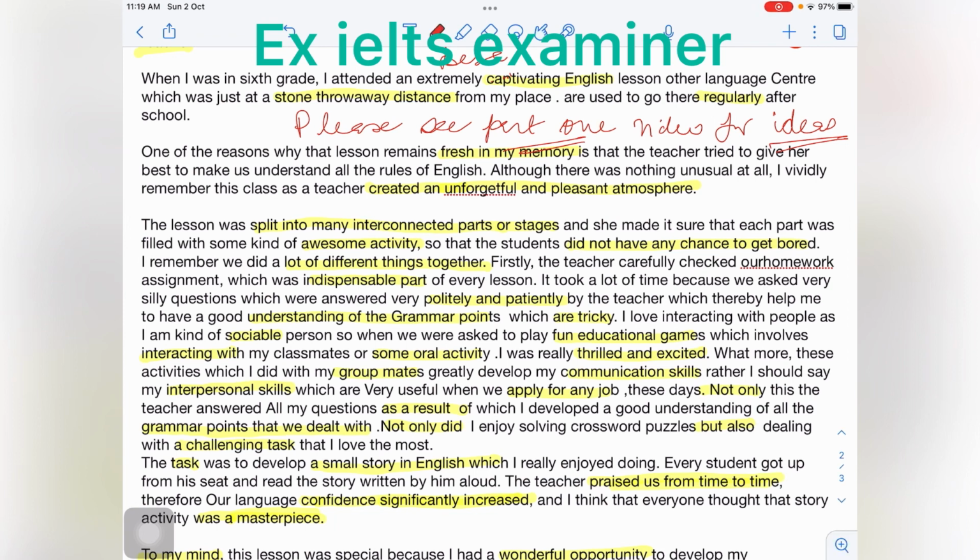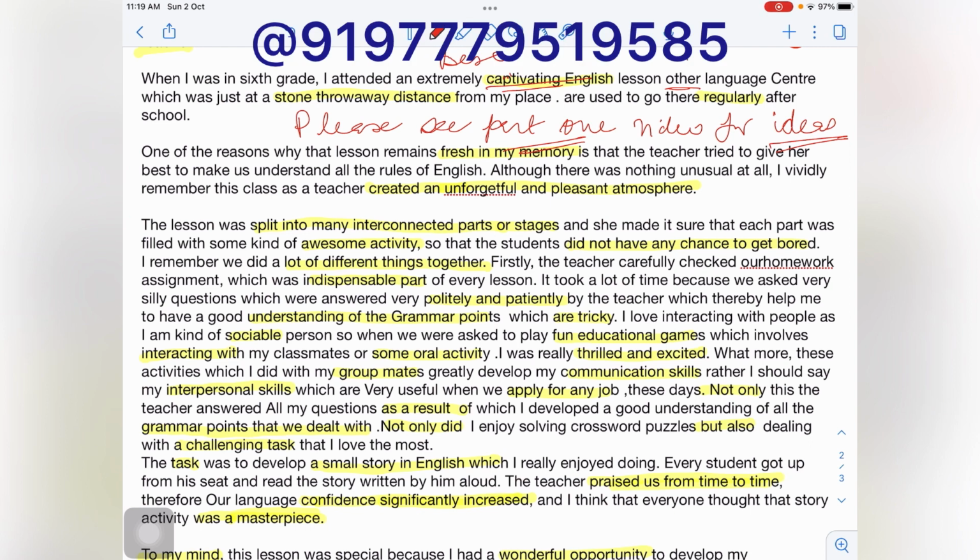When I was in 6th grade, I attended an extremely captivating, means interesting, lesson in a language center which was just a throwaway distance from my place.